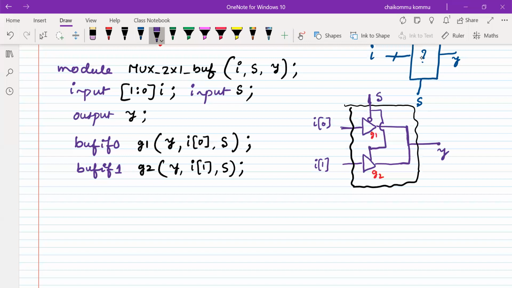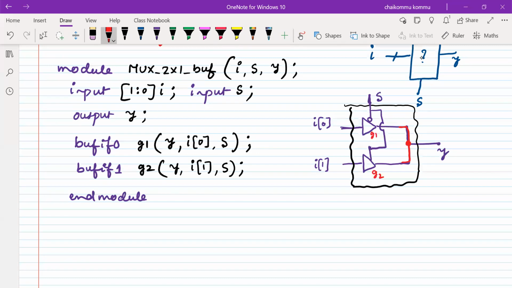But one very important point we have to remember. Whenever tri-state gates are connected at one single point, that means this is the point we are talking about. This is the tri-state output of the first gate and the tri-state output of the second gate. We are connecting them at the same point.